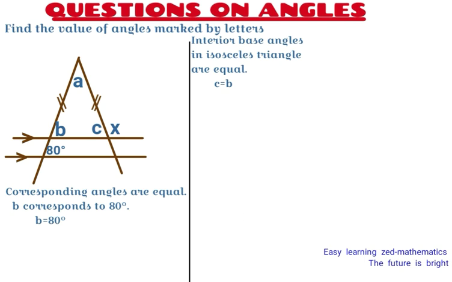If angle B is 80 degrees, that means C will also be 80 degrees, because the base angles in this isosceles triangle, which are B and C, are equal. Now we have found that the base angles B and C are both 80 degrees.